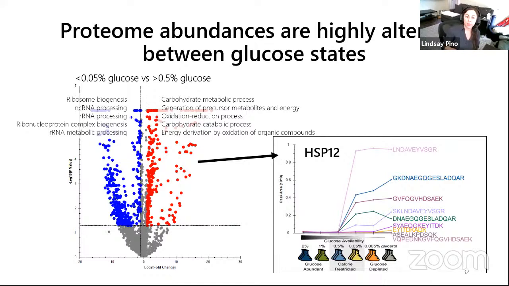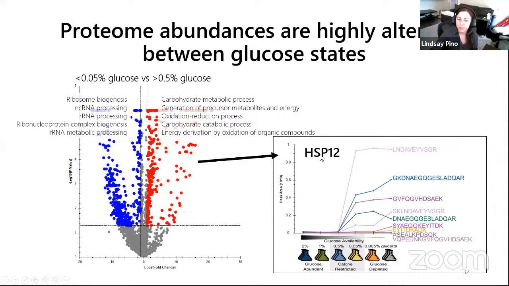This is one protein, a heat shock protein, HSP12, and I'm showing the peptide trace from Skyline, where you can see Skyline plots each one of the peptides that is measured for that protein. So each line is another peptide from this protein, and each one of the points along the horizontal axis is another one of those samples.